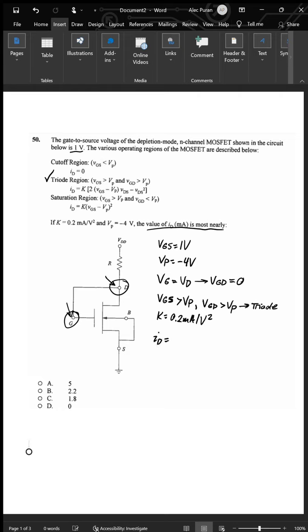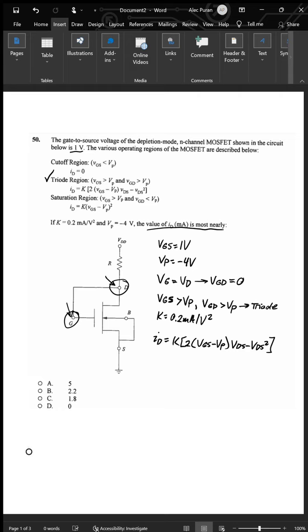ID equals K times 2 times the difference of VGS and VP times VDS minus VDS squared.